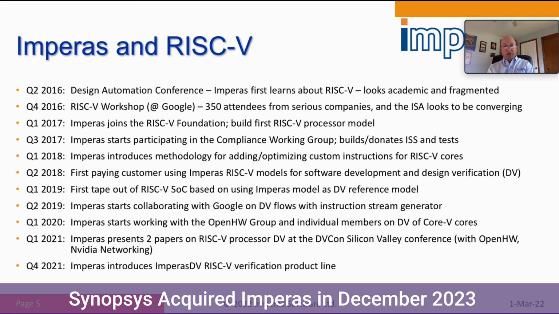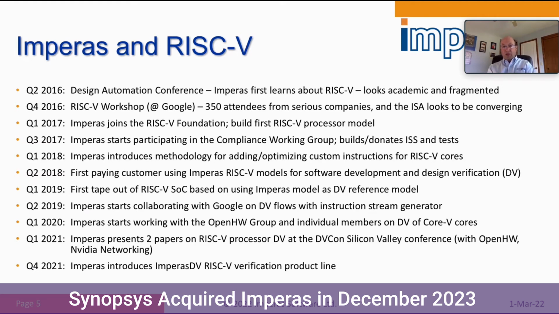We introduced a methodology for not only adding but optimizing custom instructions for RISC-V cores. And then a few months later, we had our first paying customer using our RISC-V models, both for software development and for design verification. Early 2019 was the first tape out of a RISC-V based SoC using the Imperas model as the DV reference model.